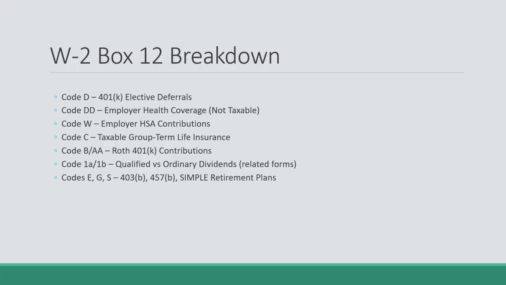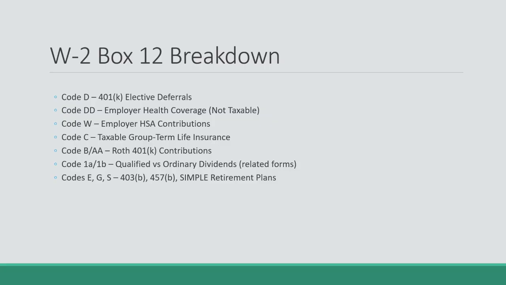Box 12 is all codes. If someone had a deferral of a 401k, an elected deferral, or if you receive employer supplied health coverage, it's not taxable, but we're going to show it on your W-2.